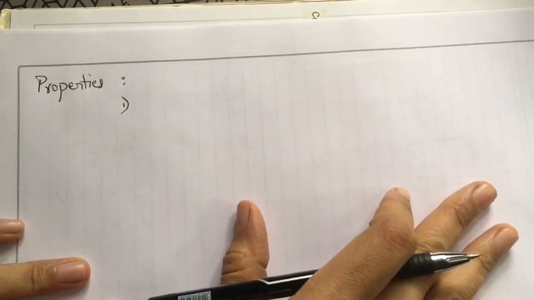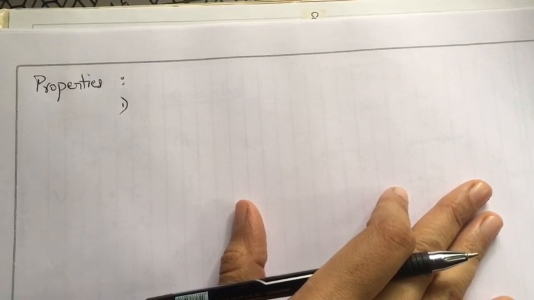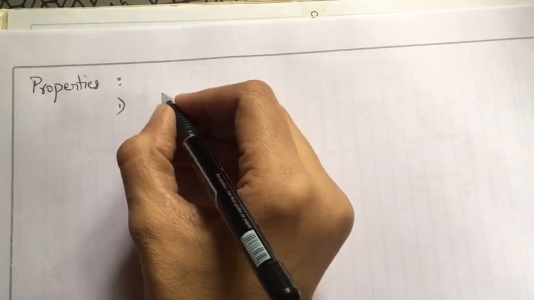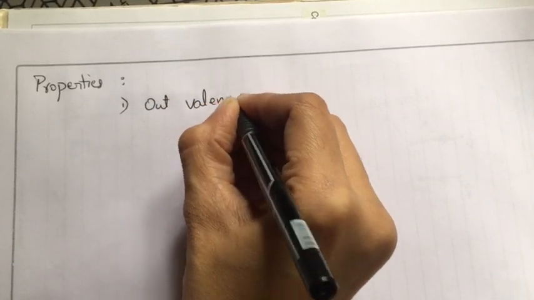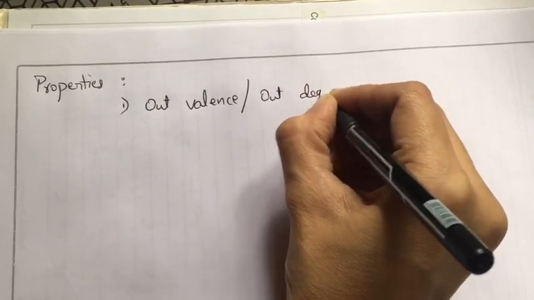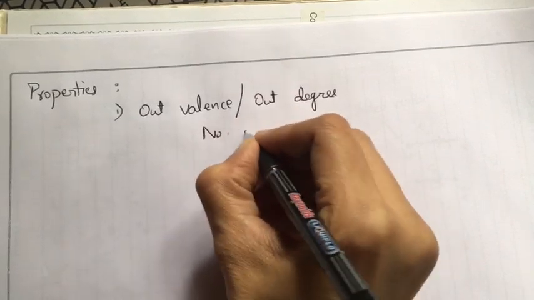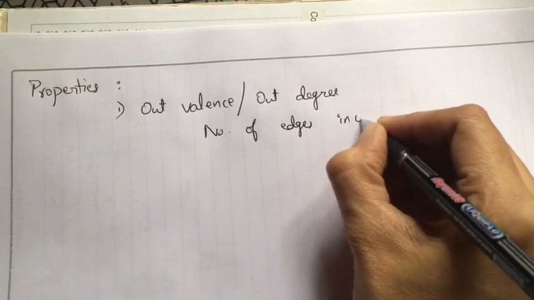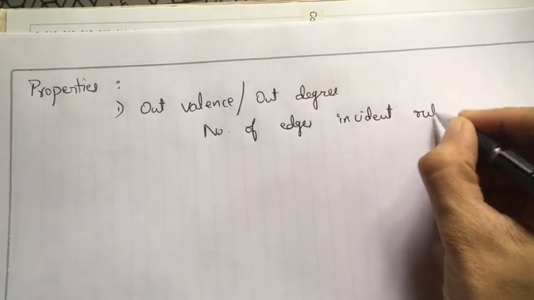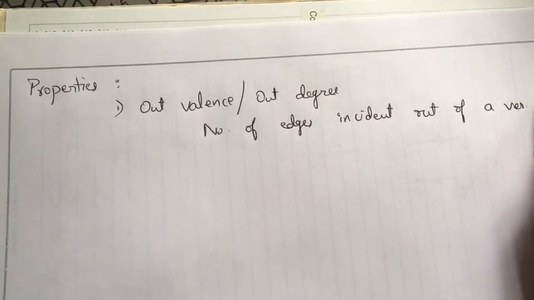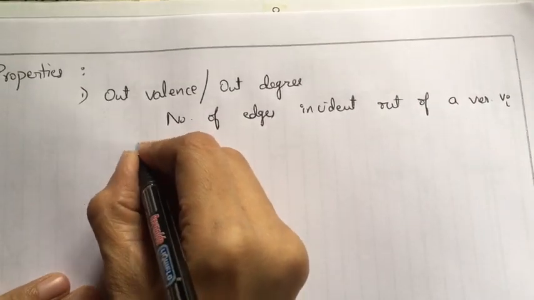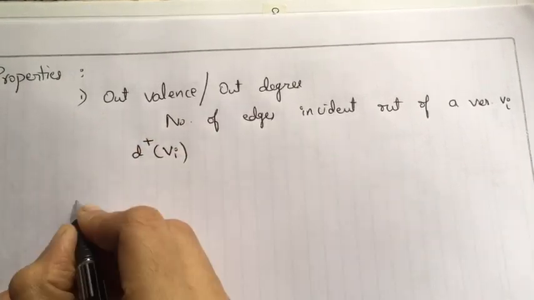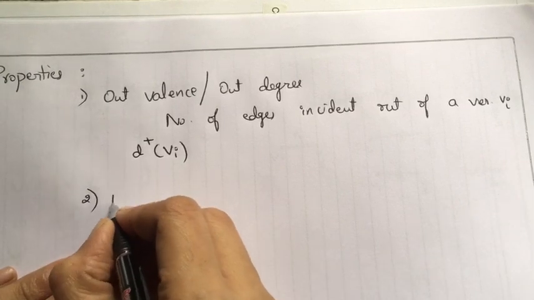The first property: the number of edges incident out of a vertex Vi is called the out valency or out degree of Vi and is denoted by d plus of Vi. Next is in valency or in degree.